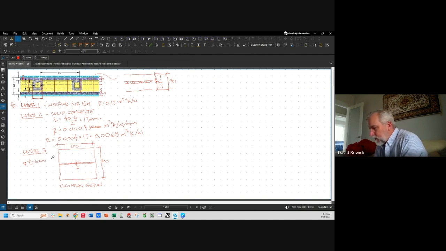The thickness of this layer is 6 millimeters, because we're cutting right through the bar up here. So the thickness of it is 6 millimeters.